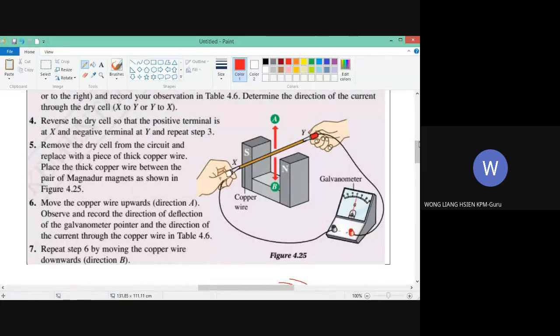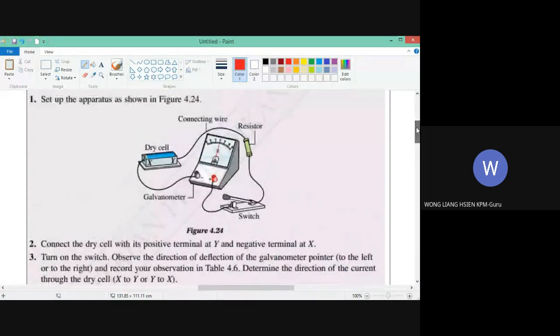So for example, let's say this is positive, this is negative. So the current will flow this direction from positive to negative, right? If like this, that means the direction of the pointer will point this direction. Remember, just now we said that the direction of the pointer shows the flow of the charge.